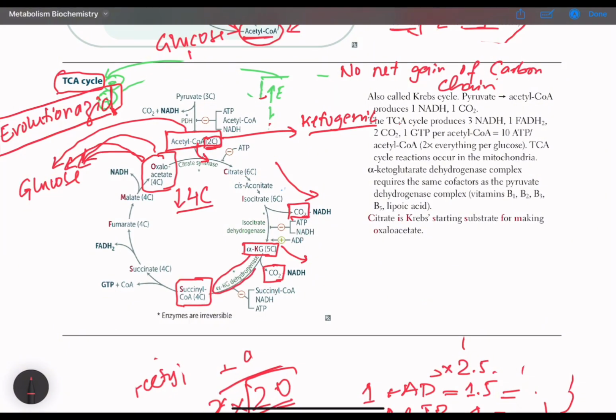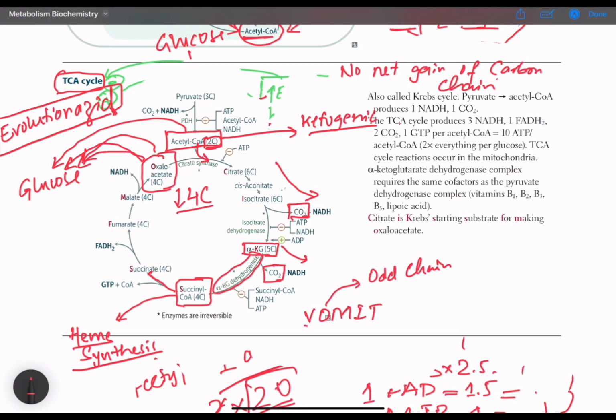is converted into succinyl-CoA by alpha-ketoglutarate dehydrogenase, and succinyl-CoA can be converted into succinate. This same succinyl-CoA can go on to perform heme synthesis. Another interesting thing is that this is the same succinyl-CoA, the mnemonic VOMIT: the odd chain fatty acids, as well as the glucogenic amino acids like valine, methionine, isoleucine, and threonine.